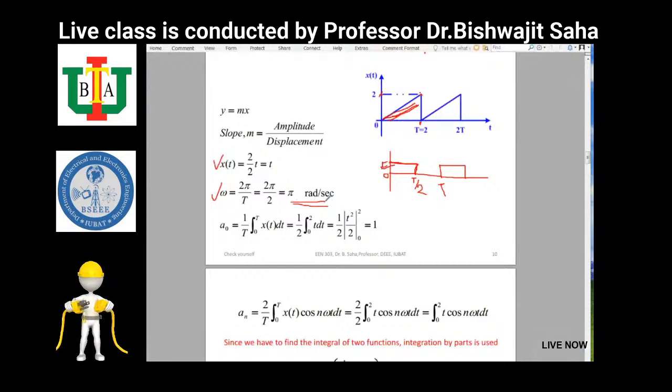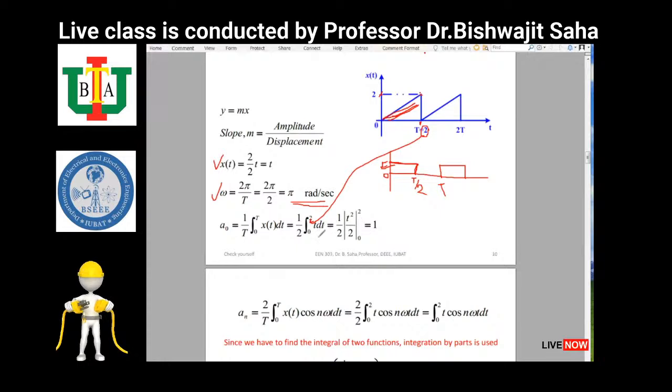Now A0, we use the formula 1 over T, integral 0 to T of x of t dt. Here the T value is 2. So we put the value of T: 1 over 2, integral 0 to 2 of t dt.